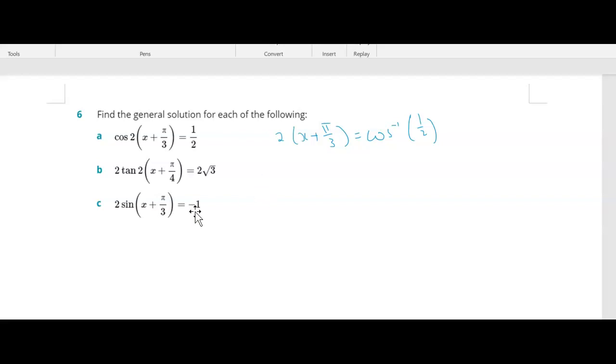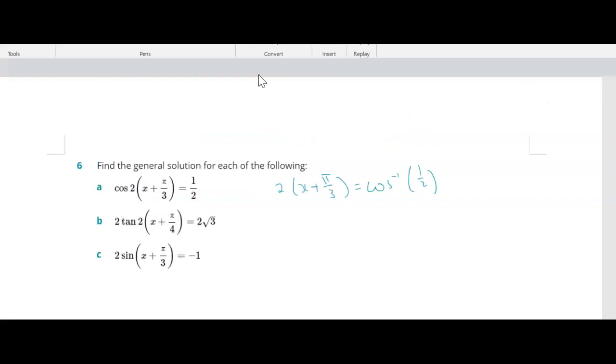All right, so we've got 2x plus pi on 3. Now, inverse cos of a half is pi on 3. Your solution is going to be, instead of x equals, 2x plus pi on 3 is 2 pi n plus or minus inverse cos of a half, which is pi on 3.